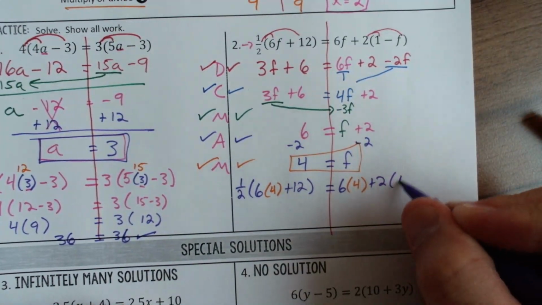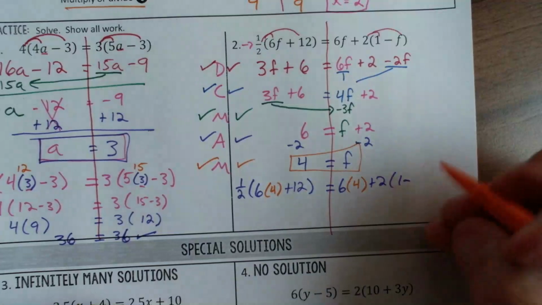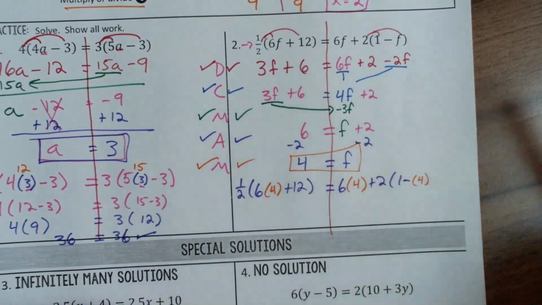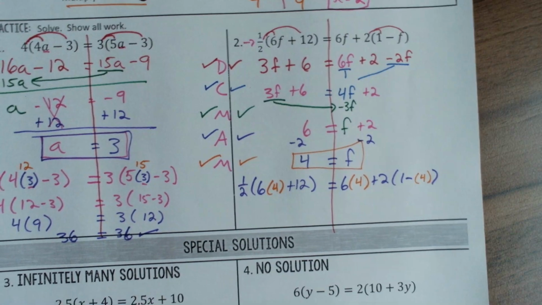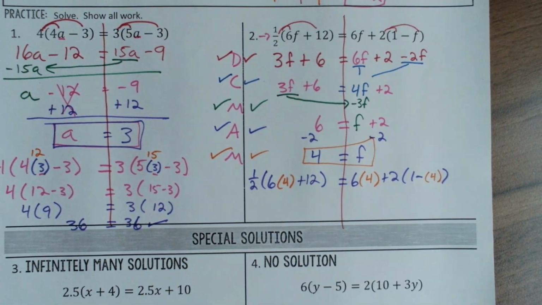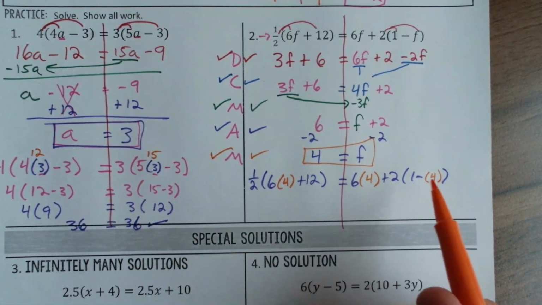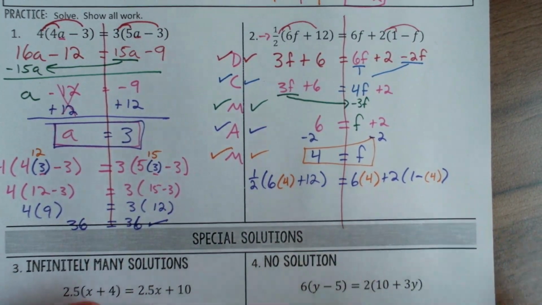Plus 2, 1 minus. Substitute my 4. F. If you notice, I always substitute in with parentheses. This is why. In that way, I know that there's multiplication here, and I know that that negative shows up here.